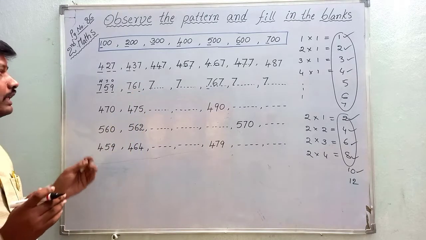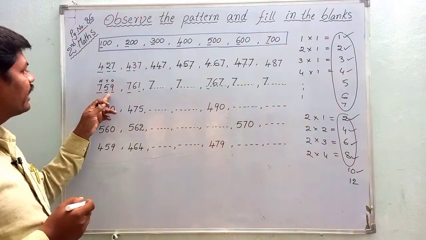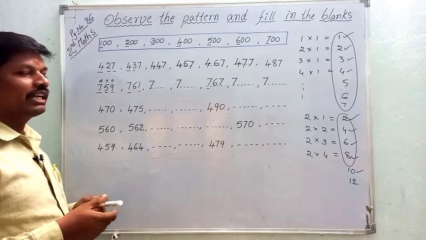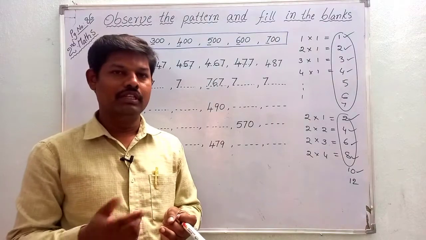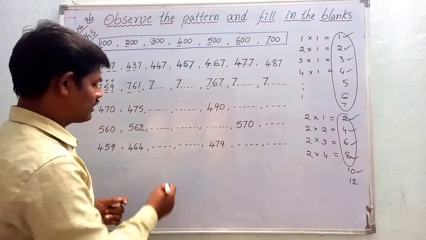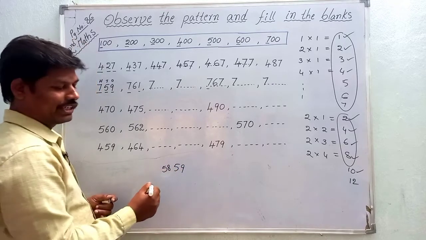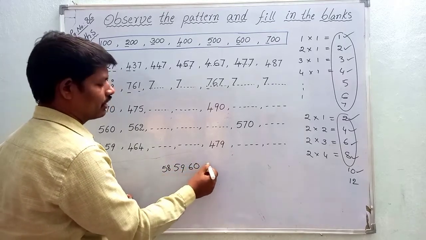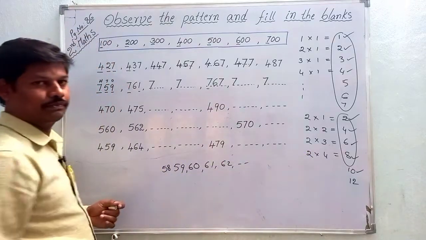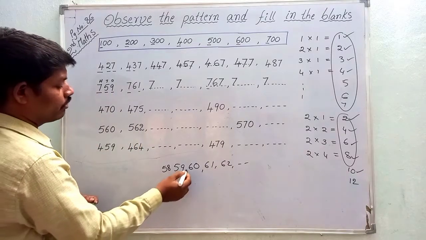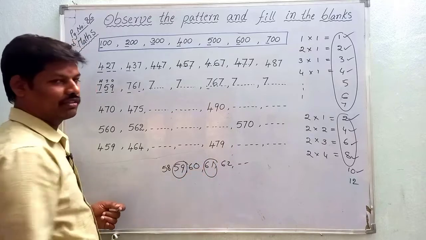So a little bit of logic you have to use. 59 after, what is the number in general numbers? 59 after number 60. These are the numbers now: 58, 59, 60, 61 and so on, 62, like that. So here we have 59 and the next one is 61.